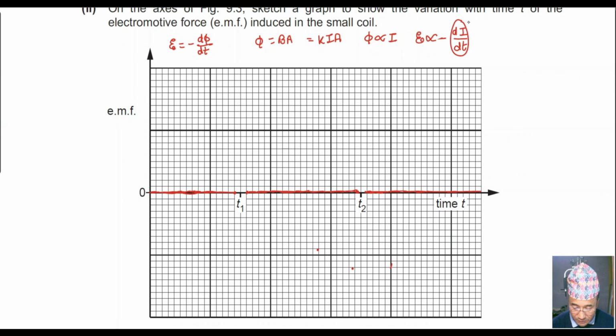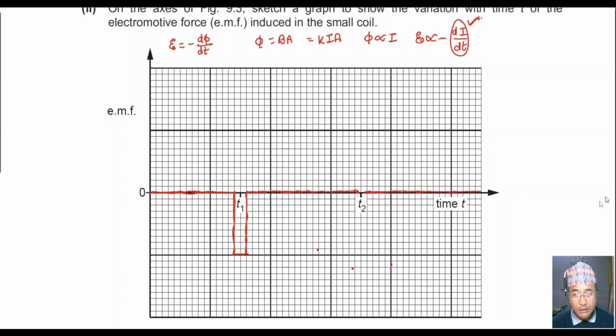So this slope is constant at that moment, straight line, slope is constant. So that's why E should be negative of constant. E should have some negative value, constant. So let me give it a value like this. Haphazardly, I give it like this. So from here to here, it goes to negative value suddenly, and here again it goes to 0 suddenly like this.